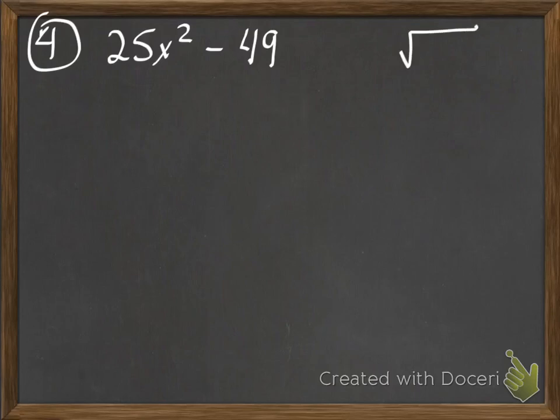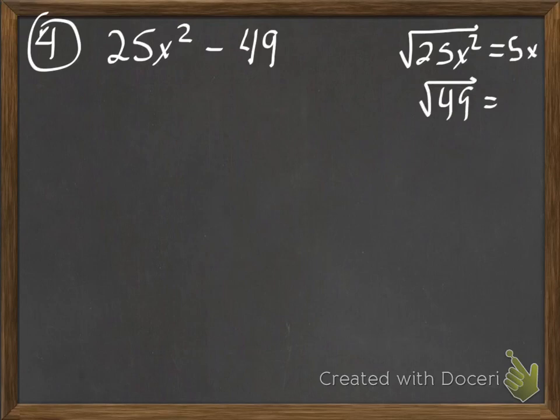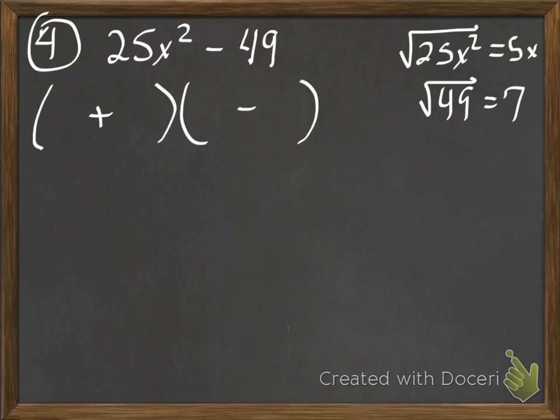Can I take the square root of the first term? Gives me 5x. Can I take the square root of 49? And so on this, it's the easiest of the two. You're going to have a plus and a minus. And then you have 5x as the first term in both of them, and 7 as the last term in both of them.